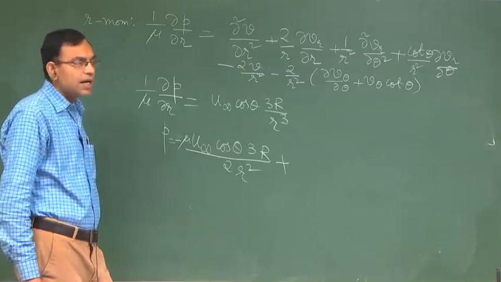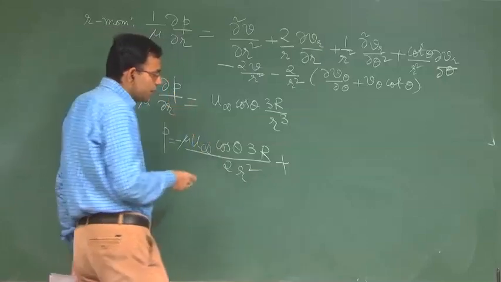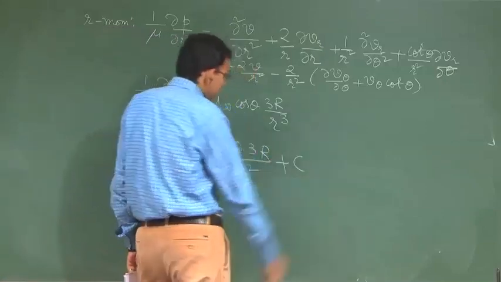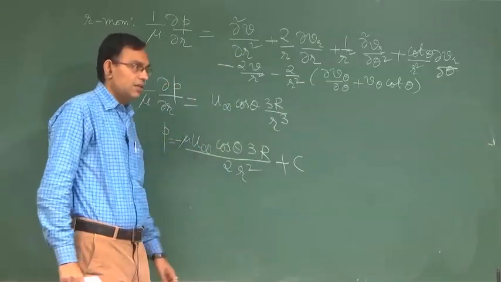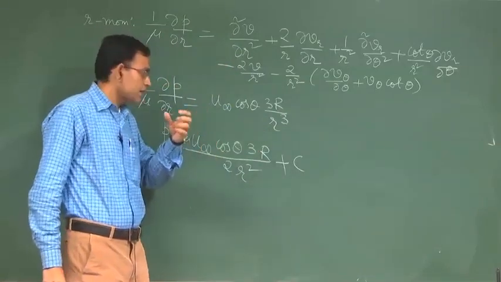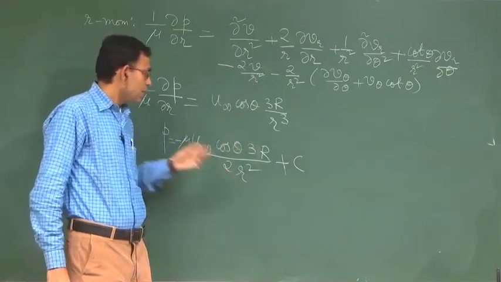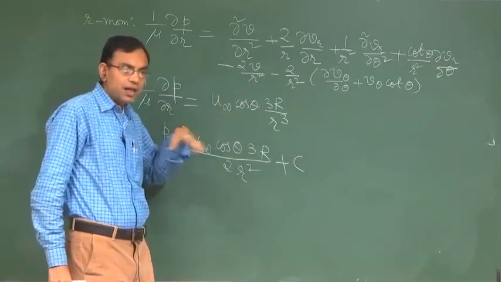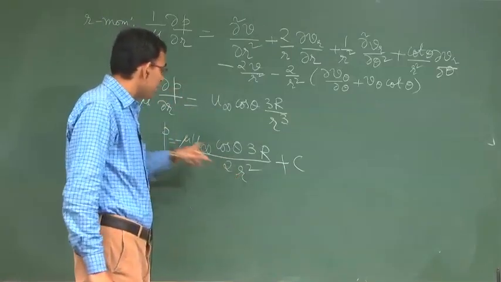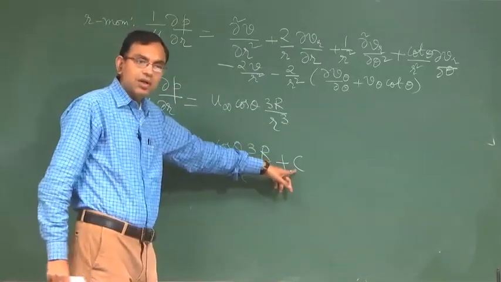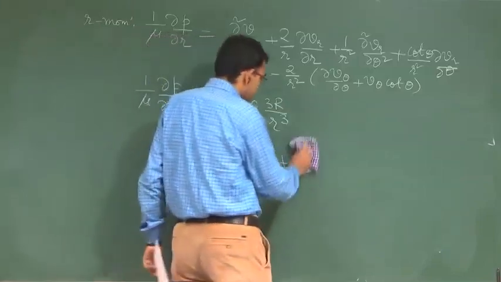What is that constant? From intuition you can tell, the condition is that as small r tends to infinity, you have P equal to P infinity, which is the ambient pressure. So, if small r tends to infinity, P equal to P infinity, then this is also P infinity. So, I am writing in one step.